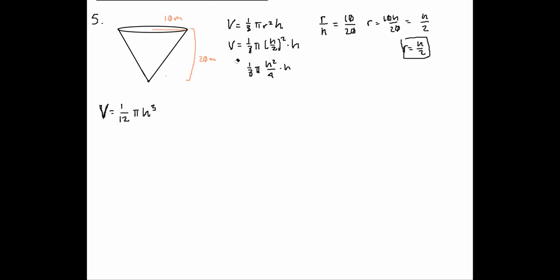Are you good with that? Yes, you're just multiplying the 1/3 through to the h squared over 4, and then multiplying the h. We just combined like terms. Now I can scrap the earlier equation because I don't care about it anymore.